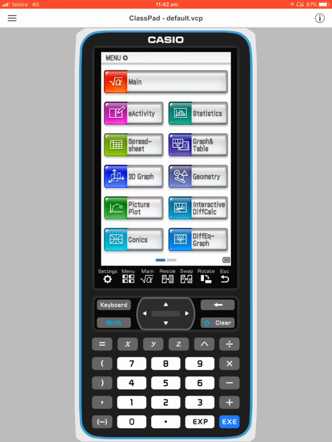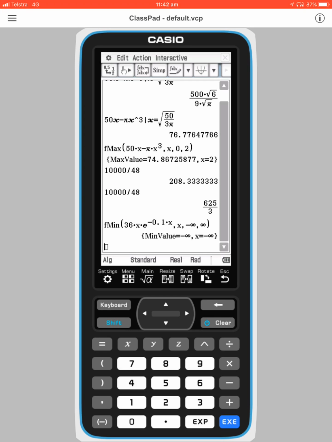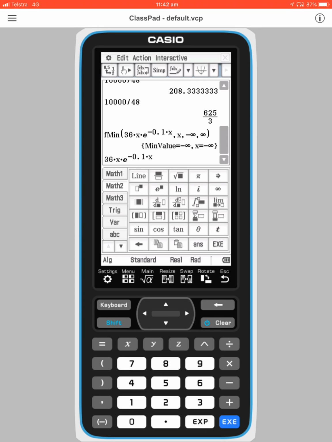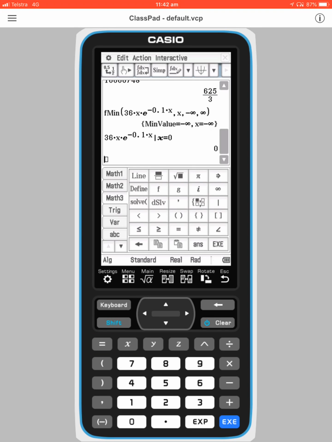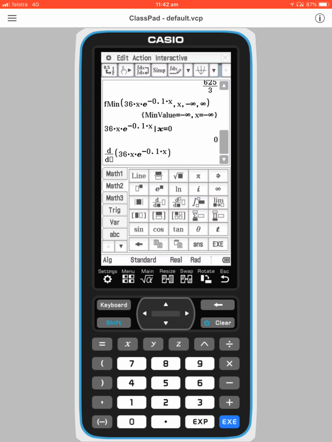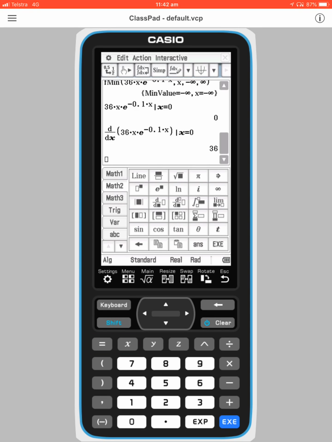And the actual rate of decrease, if we go in here, well, that might be the rate of increase. X equals 0, it's 0. So we want the rate, so we want the derivative, d/dx, given x equals 0. So that's the maximum rate of increase, and the other one's the maximum rate of decrease.